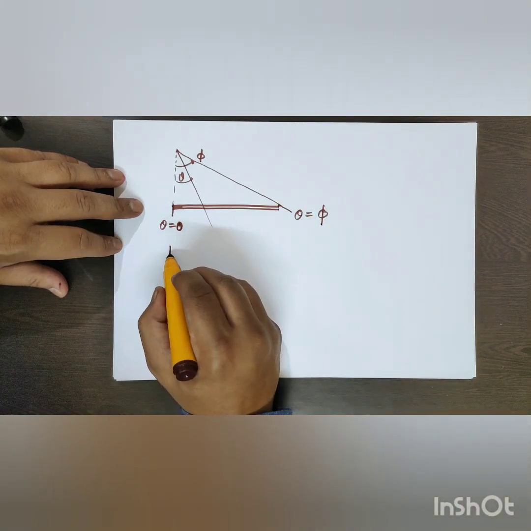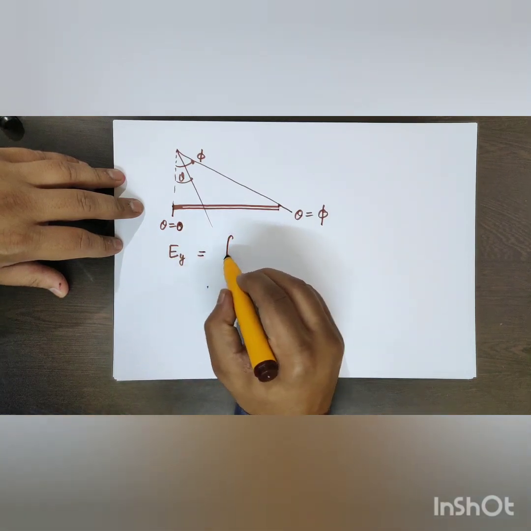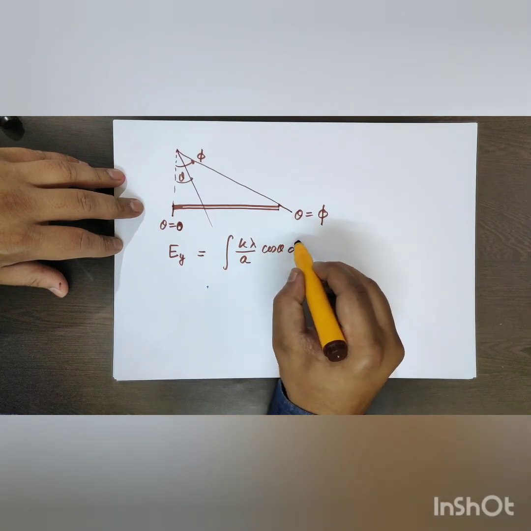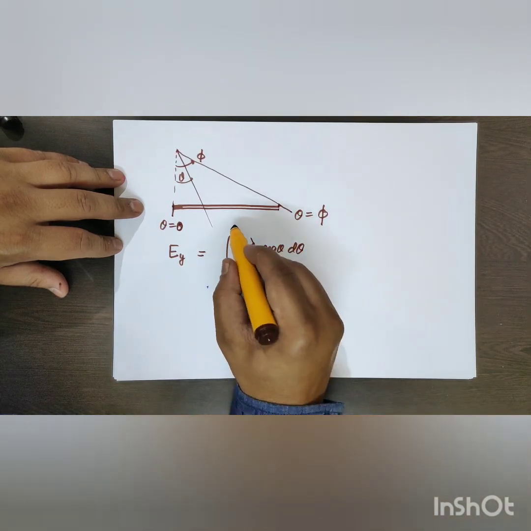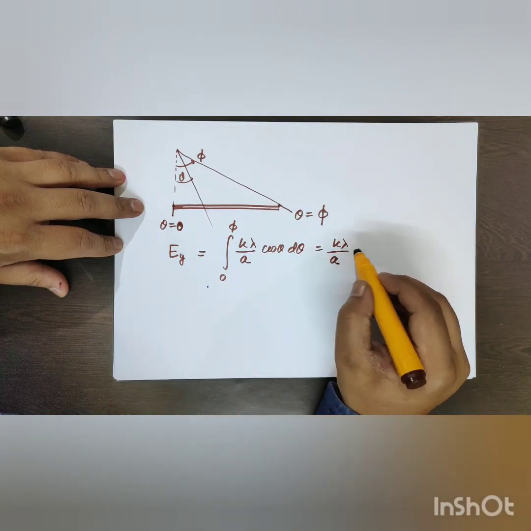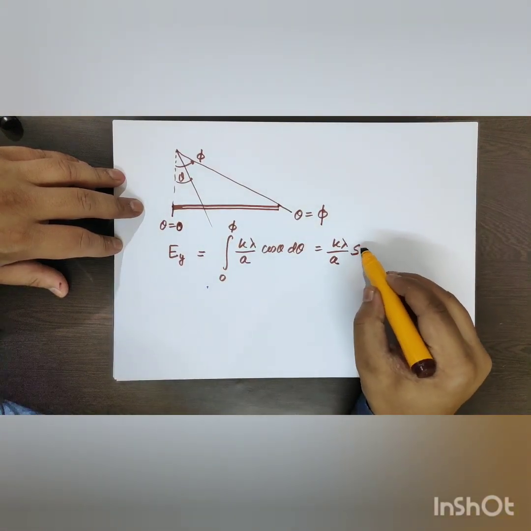Okay, so Ey equal to integral of k lambda by a cos theta d theta from 0 to phi, that is k lambda by a sin phi.